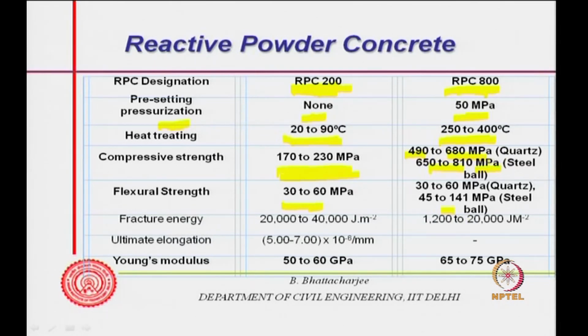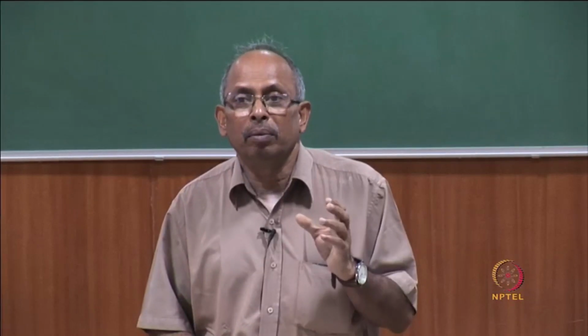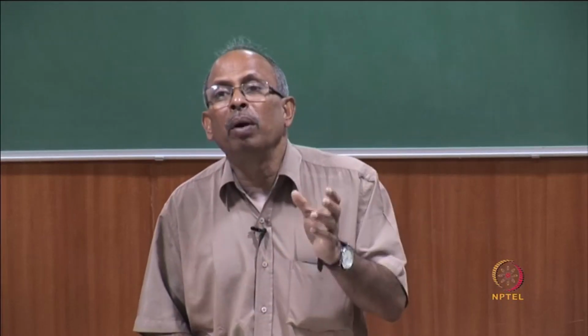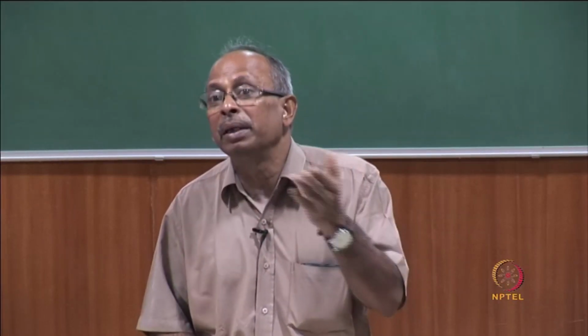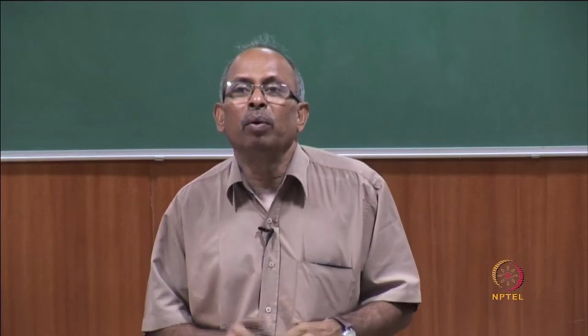Now, you see the potential of this material. 200 grade, first let us look at, if I get 175, 180 and pre-stress it. So, it is at least 150, 160 in tension as well as in compression. That is the kind of load it can carry.